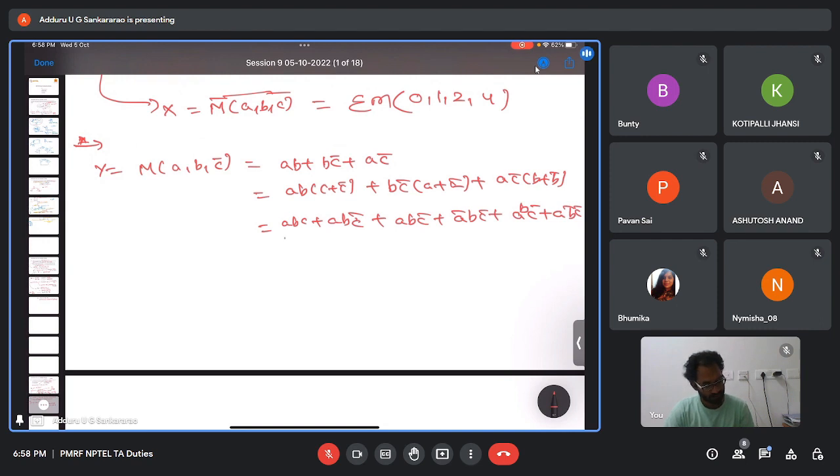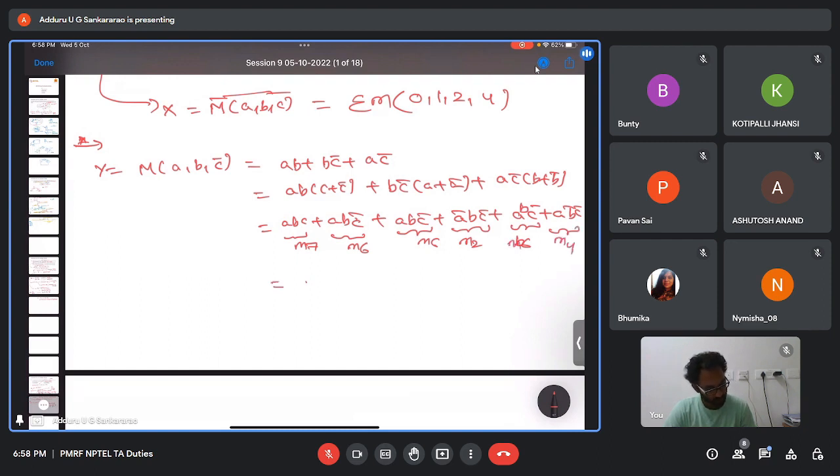Again this is minterm 7 and this is minterm 6. This is also minterm 6. This is minterm 2. This is minterm 6 and this is minterm 4.